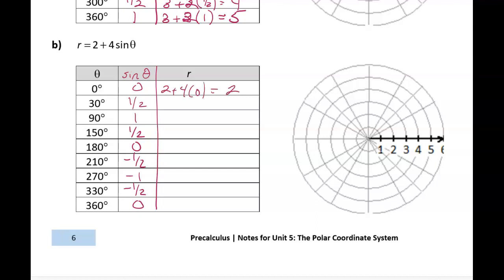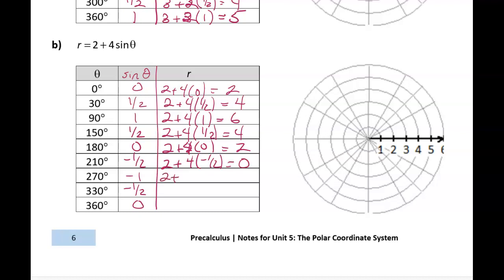So at 0 degrees, the radius is 2. At 30 degrees, the radius is 4. And at 90 degrees, the radius is 6. At 150, the radius is back down to 4. And at 180, the radius is back down to 2. Now at 210, the radius is 0: 2 plus negative 2.